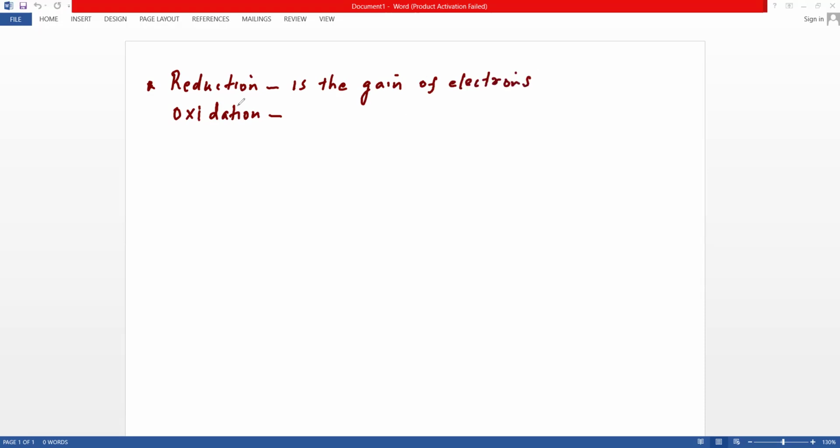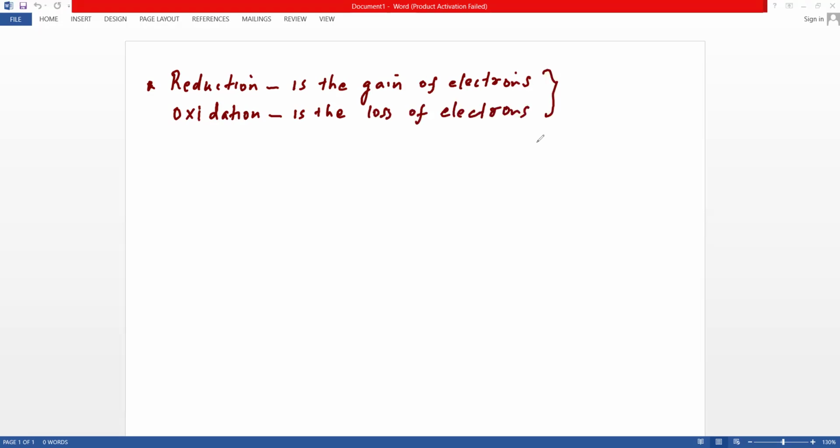When a substance gains electrons, we say it undergoes reduction, and oxidation is the loss of electrons. This is in terms of electron transfer.